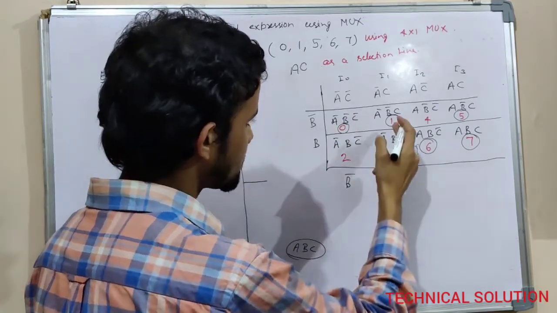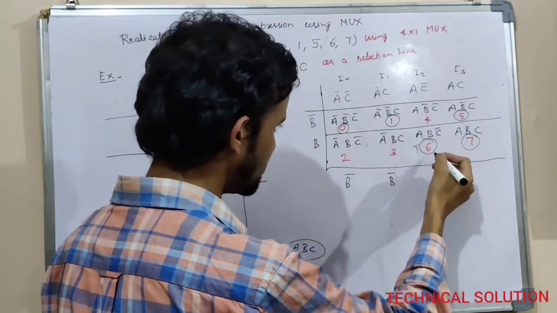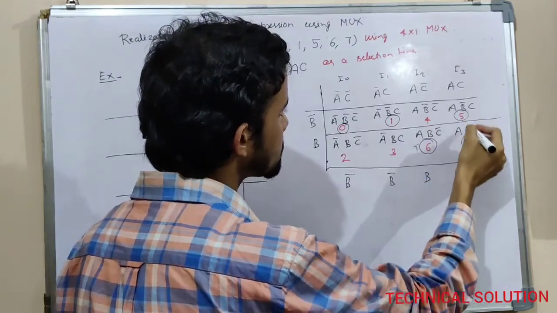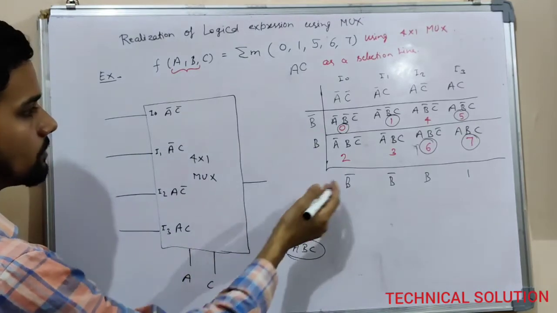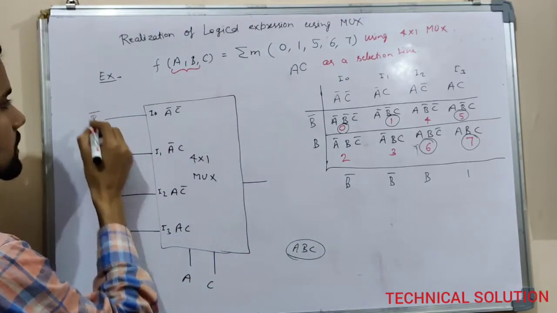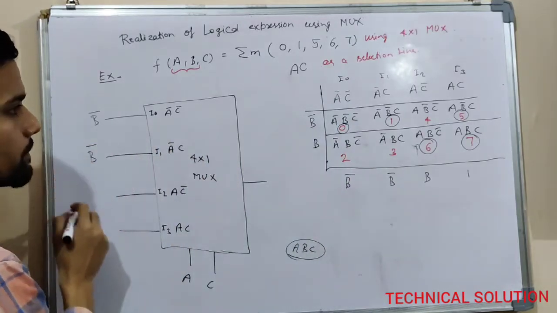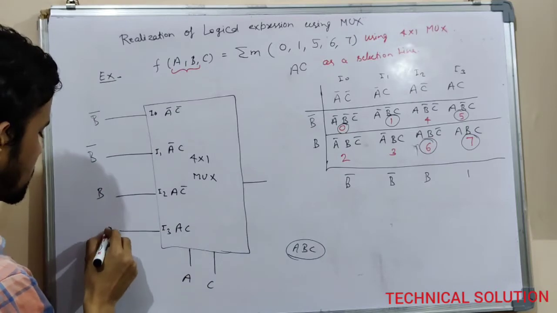In this 1 is circled, this also corresponds to B bar. In this 6 is circled, this corresponds to B, and here both are circled, this corresponds to 1. So the inputs must be I0 for B bar, I1 for B bar, I2 for B, and I3 is 1.